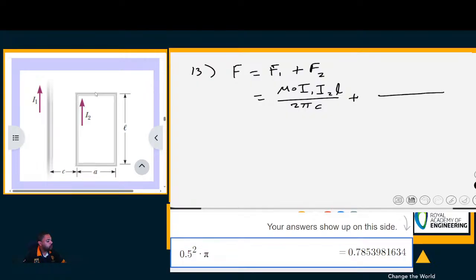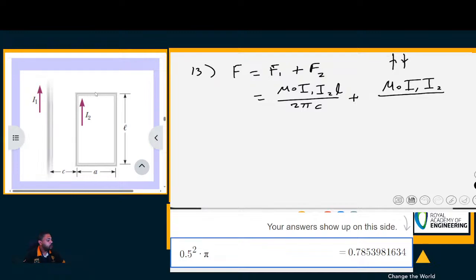And then for the second one, it's also mu naught, still I1, the current in that part. Remember, we're looking at the two vertical segments of the rectangle now, these two. In this case, the current is going to be flowing up, and in this one, it's going to be flowing down.